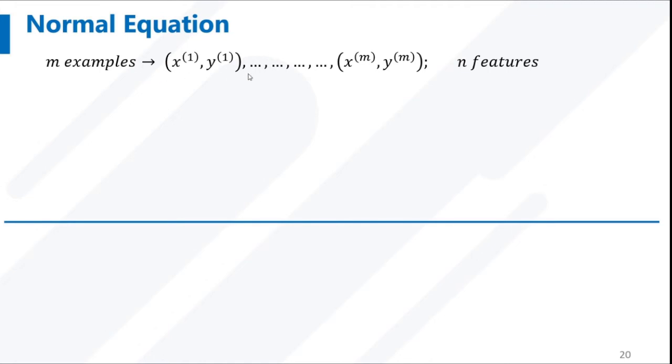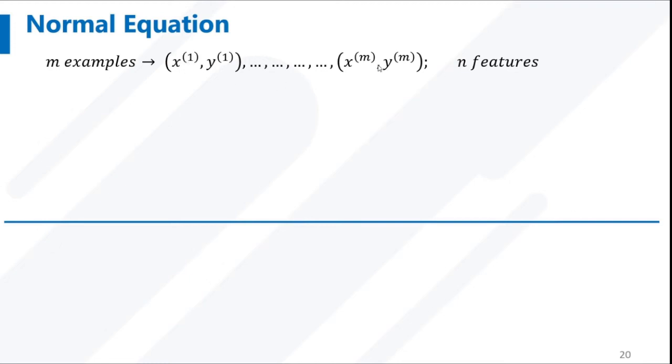If there are m examples, you will have m data sets, and in each data set there will be features and an output value. The feature can be single, so x can be only x0, x1, or the features can be n in number. If there are n features, then xi means a vector having x0 up to xn.